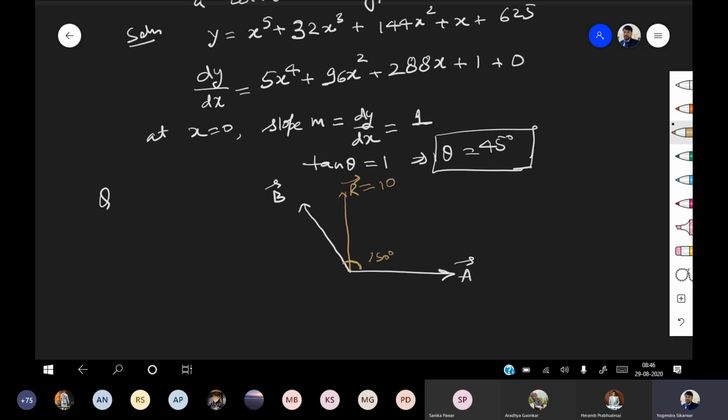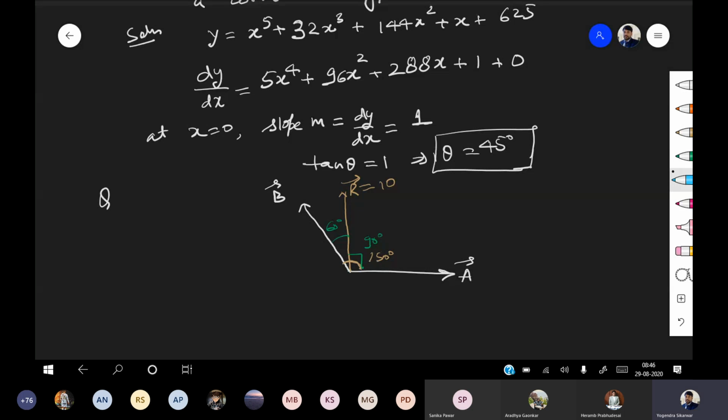Now if this is 150, and we can see that this angle is 90, which is clearly seen, so this angle will be 60.